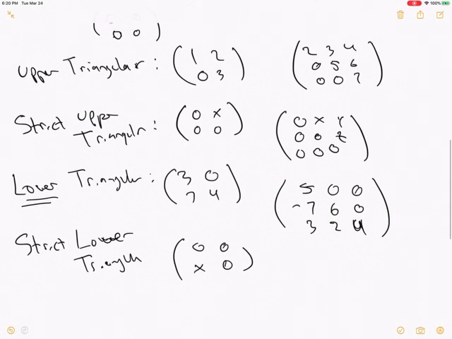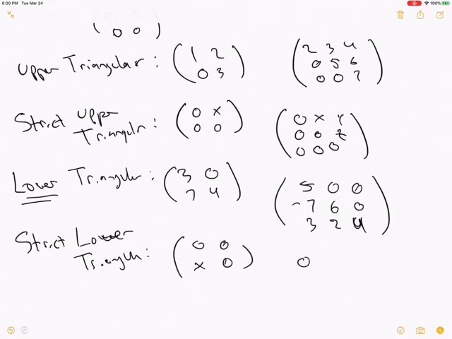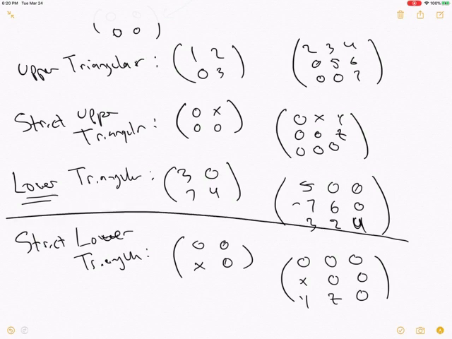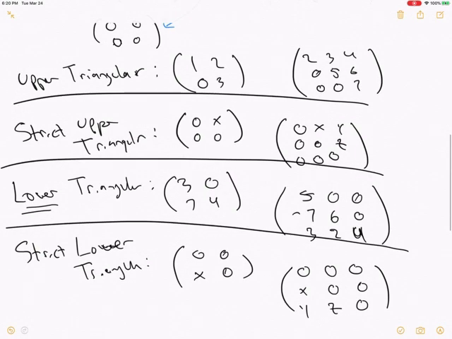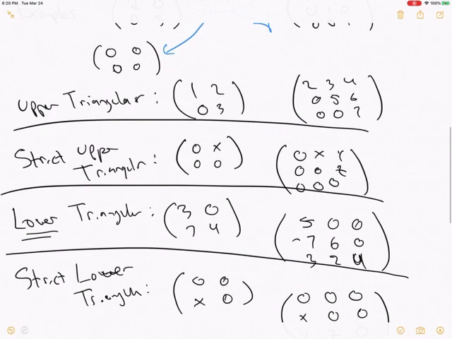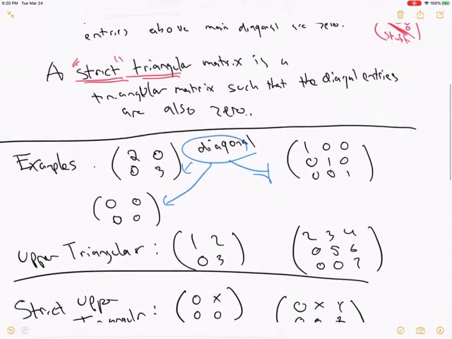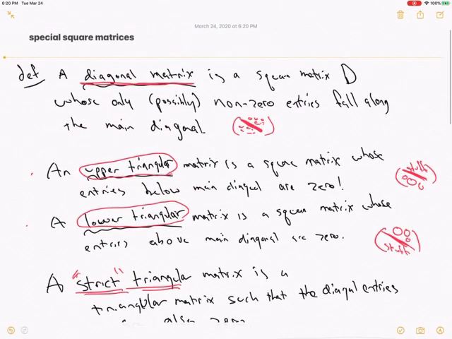Or if it's a 3 by 3 matrix, the diagonal and everything above the diagonal has to be 0, so you could have something like this. These are just examples of these special types of square matrices.